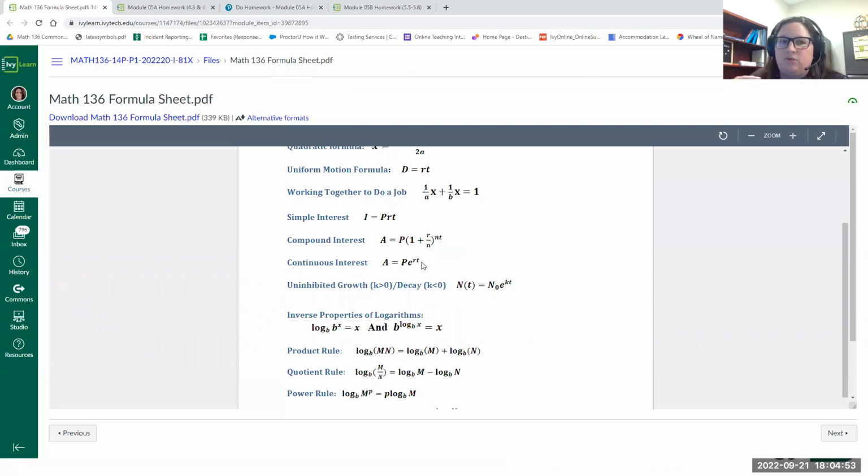So anything that's formulas, equations, processes, all of that, you won't have any notes to help you on the final exam. So make sure that you're learning them.